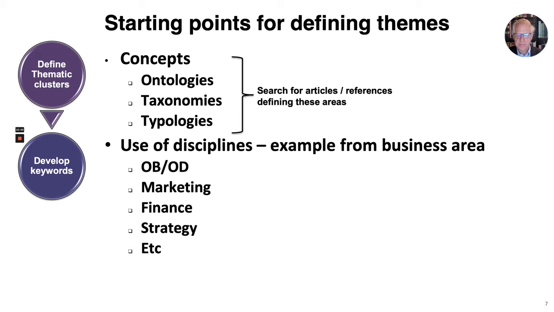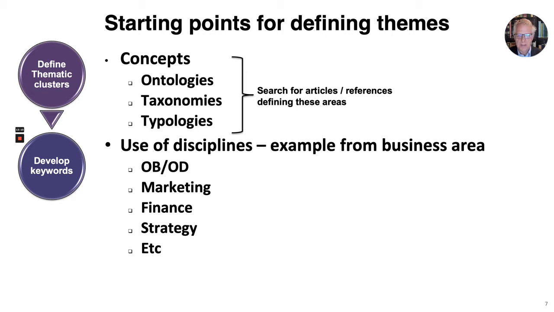Another way, and this is very common for practice-based doctorates, is to use the discipline's language that is common. And this is an example from the business area. There have been 4 areas of business education which have been dominant for about 70 years, and they've gone by different names over time.